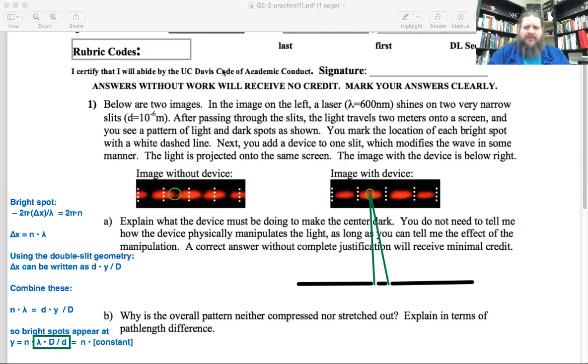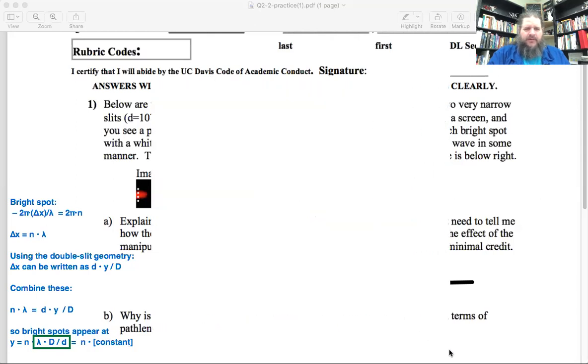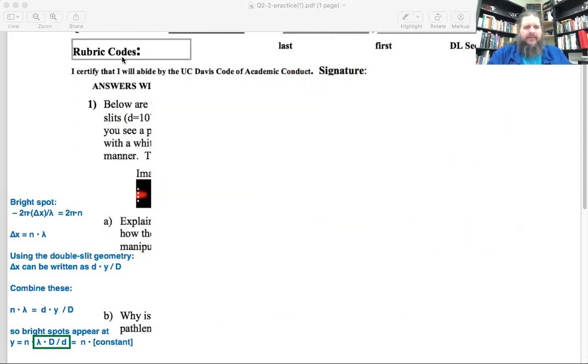I think it might be easier to see if I actually draw this out. Let me clear this. Let's say we have the wall that the pattern is appearing on. We're going to get a bright spot in the center, the central maximum. And then some distance beyond that, we're going to get the next bright spot, and then the next bright spot, and also below that as well.